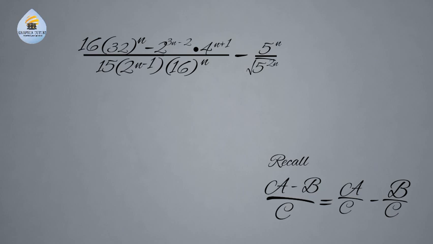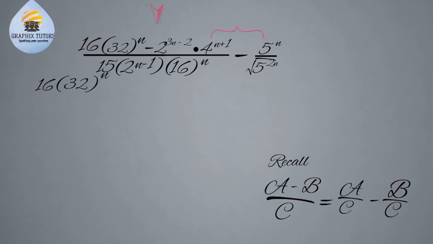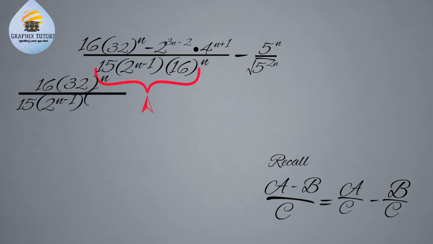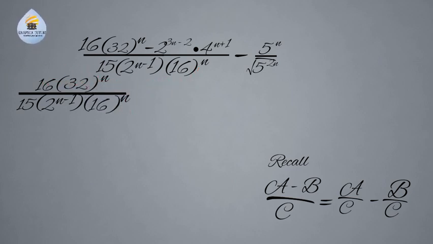Now, if you go back to our question to implement this rule, I'll write the first one here, which is 16 multiplied by 32 to the power of n divided by the denominator there, which is 15 multiplied by 2 to the power of n minus 1 multiplied by 16 to the power of n. That is one section.